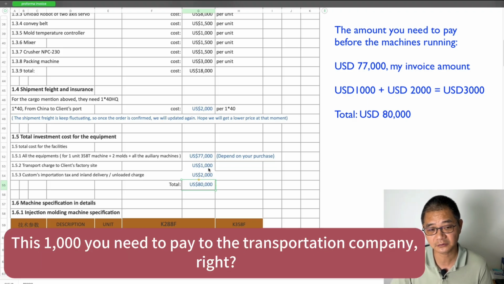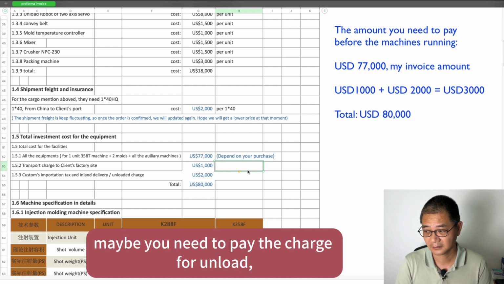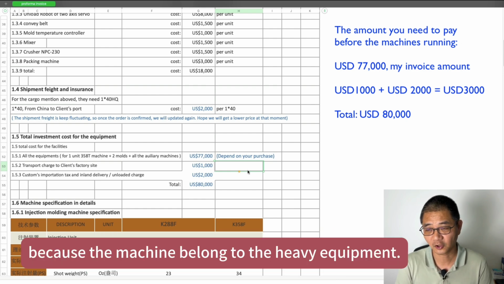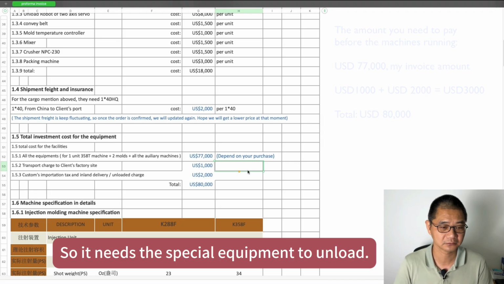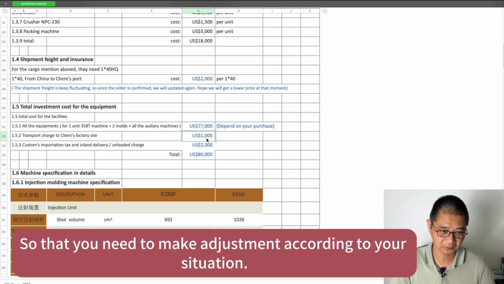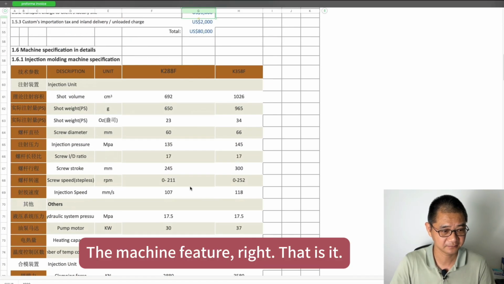This 1,000 you need to pay to the transportation company, right? Or maybe you need to pay the charge for unloading, because the machine is heavy equipment, so it needs special equipment to unload. So you need to make a judgment according to your situation. The machine features, right? That's it.